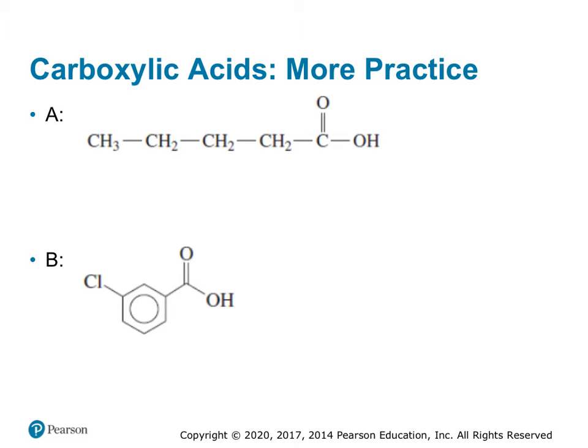Let's practice a few more here. We're going to give the IUPAC name. So here I have 1, 2, 3, 4, 5 carbons. 5 carbons is pentane. So then this one would become pentanoic acid.